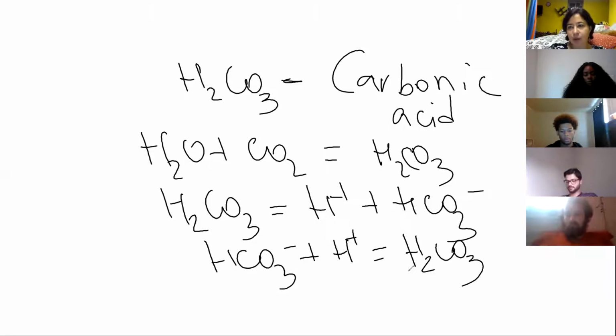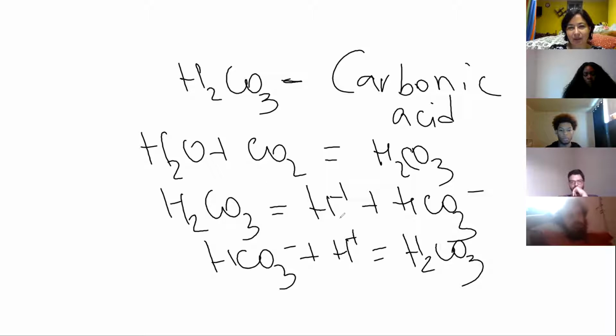So this is a major buffer in living organisms, the carbonic acid buffer, because it can contribute hydrogen ion, it can pick up hydrogen ion, regulating the concentration, regulating pH, okay?